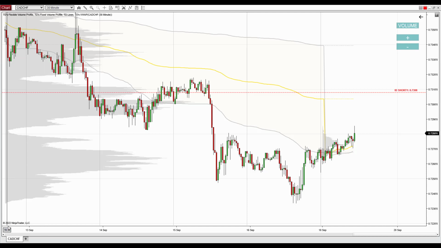The first chart that I'd like to talk about is the Canadian dollar Swiss franc chart. It is a 30-minute time frame, and I wanted to show you a volume accumulation setup here. This is one of my favorite volume profile setups, and what you want to see here is a rotation followed by a strong trend.